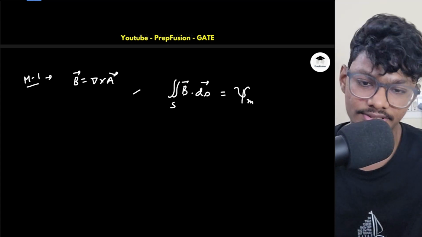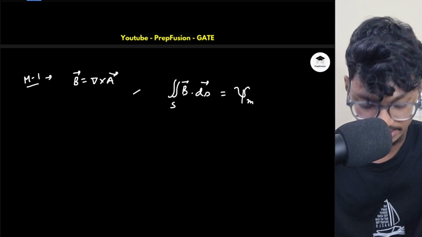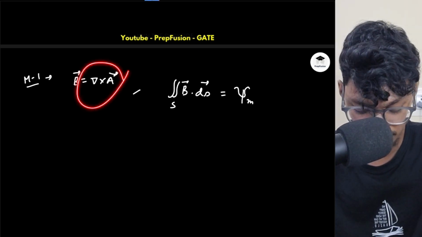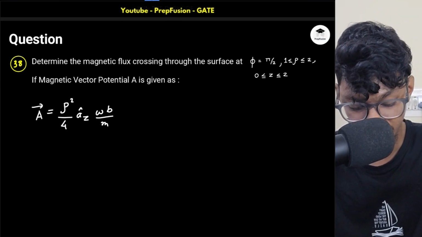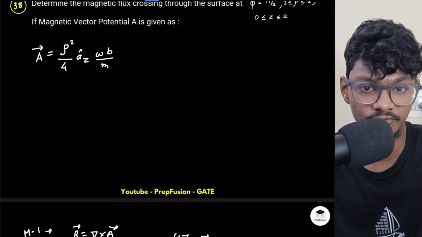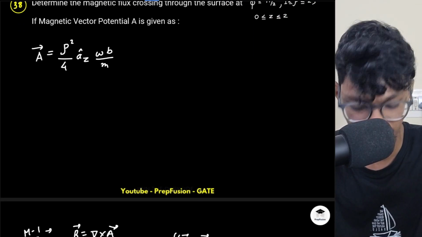Okay, but the interesting fact is that, let's say you forgot what the curl of A was in the cylindrical coordinate system, then you can take help of the line integral, because remembering the line integral is the easiest thing.